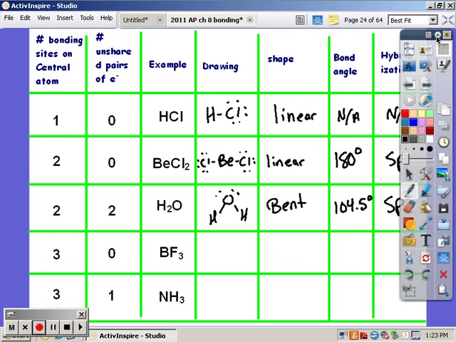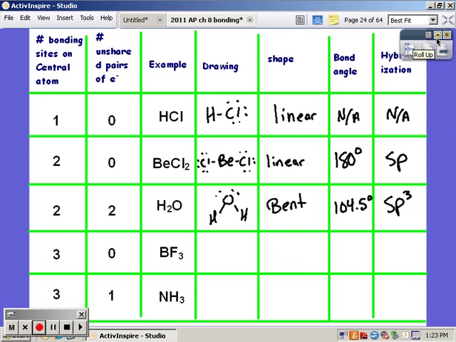Beryllium trifluoride has 3 bonding sites and no lone pairs. So the shape of this one is trigonal planar.